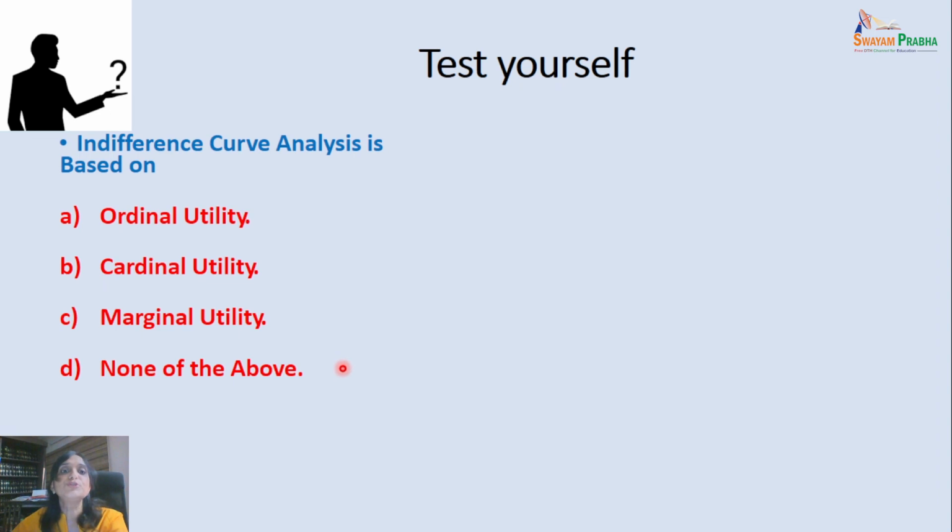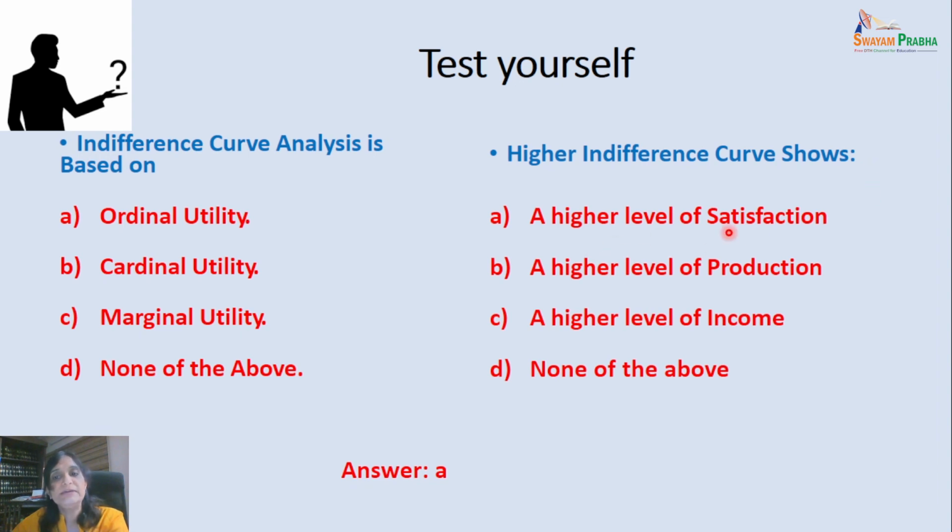The answer is ordinal. Another question, a higher indifference curve shows what? A higher level of satisfaction, higher level of production, higher level of income, or none of the above? The answer is, of course, A, a higher level of satisfaction.